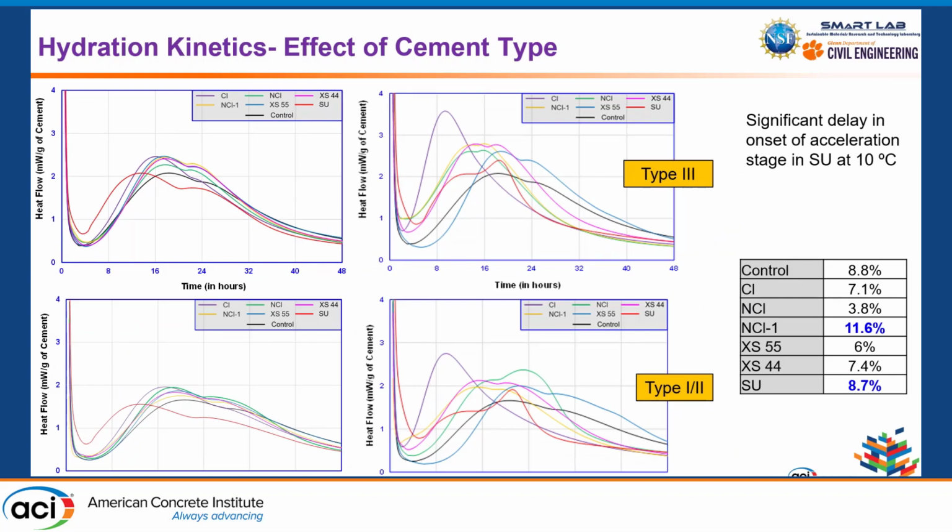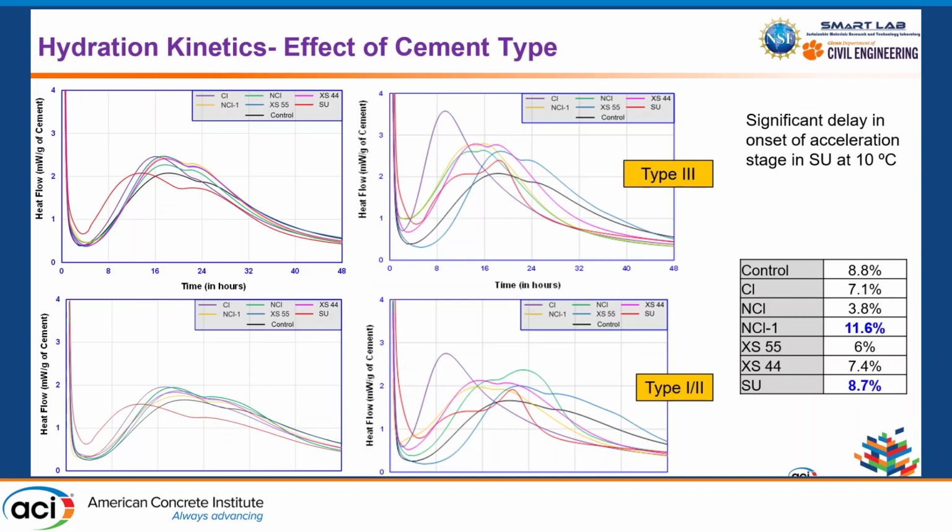Then we wanted to see what happens if we have limestone in the system and the fineness of the cement is different. So we took type 3 cement and type 1 cement at different dosages. This is low and this is high. What we saw is the retardation of the XS55 was not seen as significantly in type 1 cement as compared to type 3 cement.